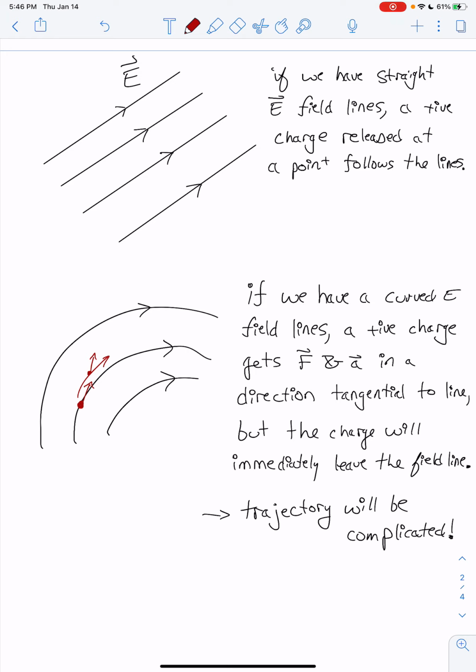So now it's going to curve in a different direction, and then as it moves, again, the field is changing, so the force that it applies to that charge is going to change at every moment. So this turns out to be a very complicated trajectory to trace back. Okay. And so that's it for this introduction to electric fields.